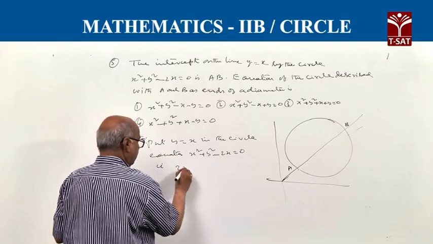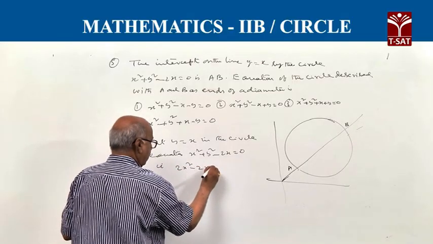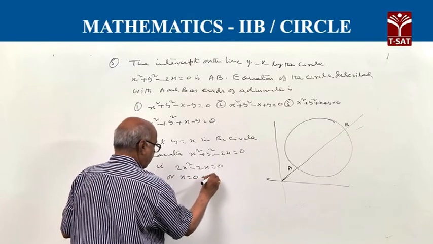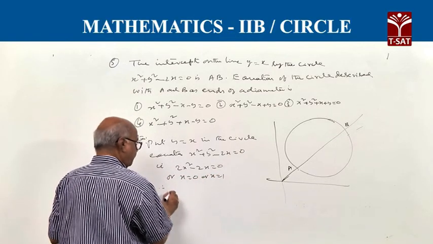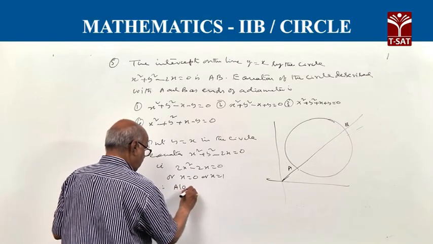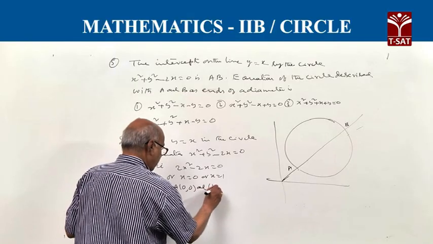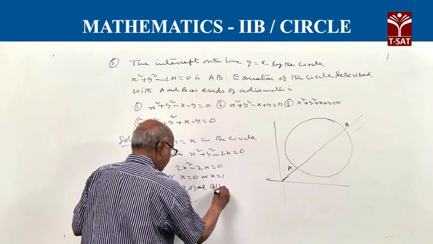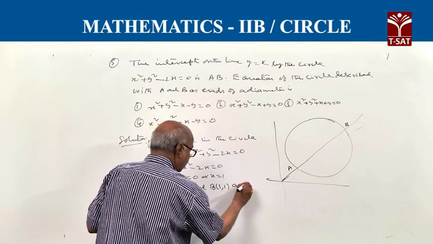So, that is 2x square minus 2x equal to 0, or x is equal to 0 or x is equal to 1. Therefore, A is (0, 0) and B is (1, 1) are the ends.